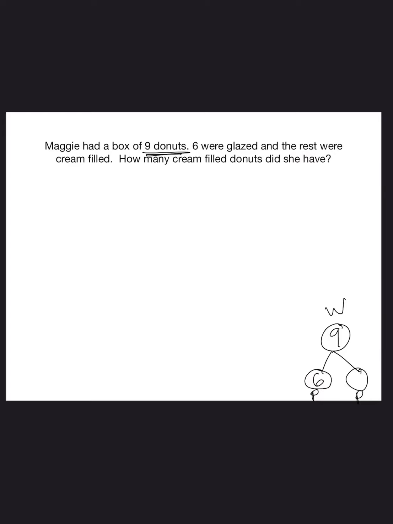And what we need to figure out is how many cream-filled donuts she had. So we're trying to figure out our second part. I'm going to write the equation down at the bottom of my paper that represents this number bond. So we would have 6 plus blank equals 9. So we're trying to figure out what that second number is that goes with 6 to make 9.